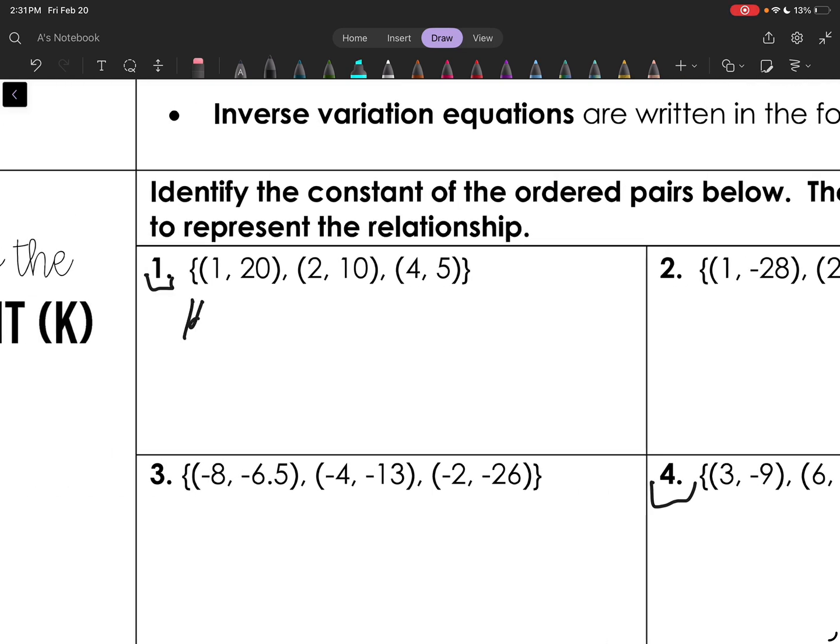For k, I'm going to do x times y. You can pick any of these coordinates. Let's do 2 times 10, which is 20. So y is equal to 20 divided by x. You can try this for any of the problems. 20 over 1 is 20, 20 over 2 is 10, 20 over 4 is 5. Finish, there we go.